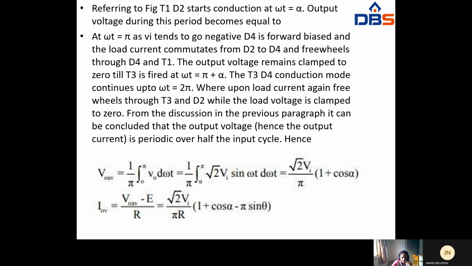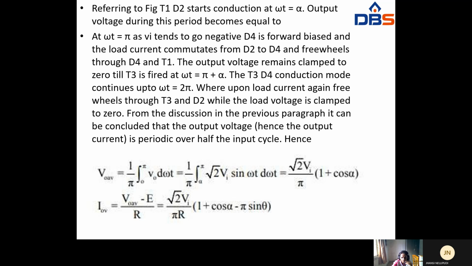The output voltage remains clamped to 0 till T3 is fired at omega t equal to pi plus alpha. The T3 and D4 conduction mode continues up to omega t equal to 2 pi, whereupon the load current again freewheels through T3 and D2, while the load voltage is clamped to 0.